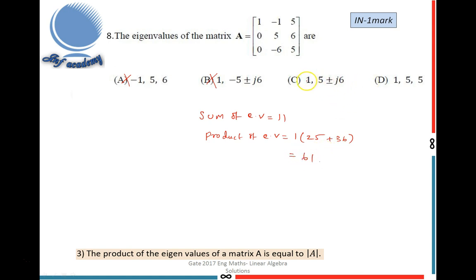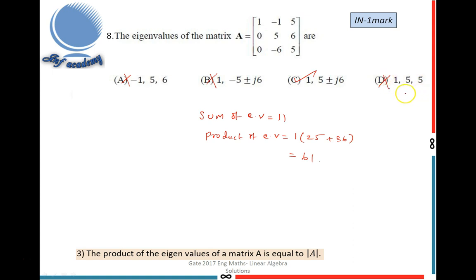Now check options C and D. Multiplying all the elements in option C, we get the value 61. So C is correct. But multiplying all the values in option D, we get 5 fives are 25, 25 into 1, 25 only.